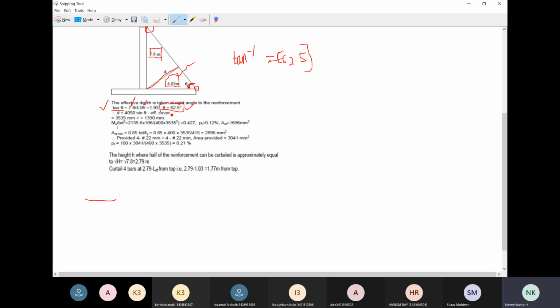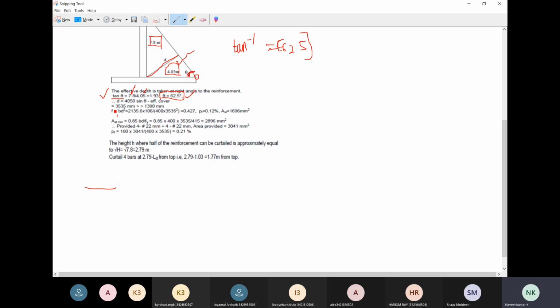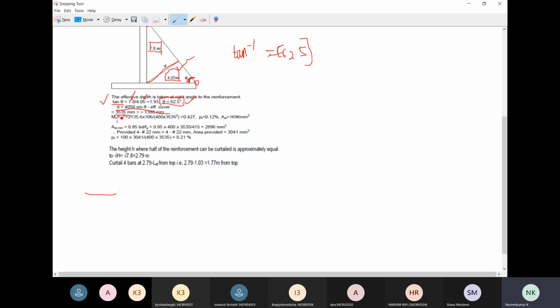Using this expression, the effective depth is calculated. So this is the depth to be provided: 3535 mm is the effective depth to be provided in case of counterfort support.